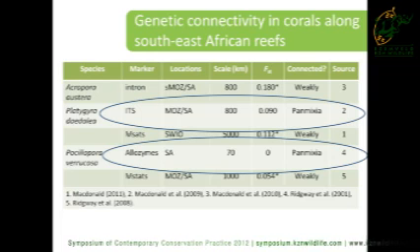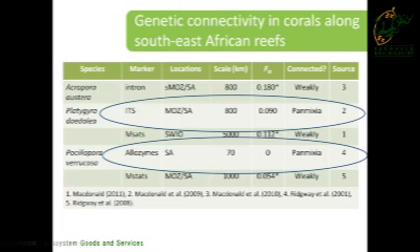Those are two species that have already been studied for genetic connectivity, using different markers, locations, the scale of the project, the FST, which is an indicator of genetic variation, and what they found, if all those reefs were connected, and the source at the end.